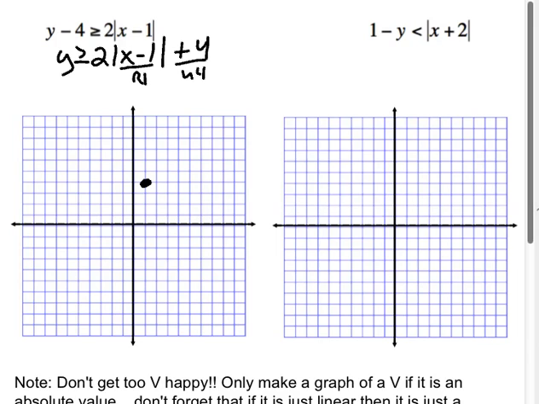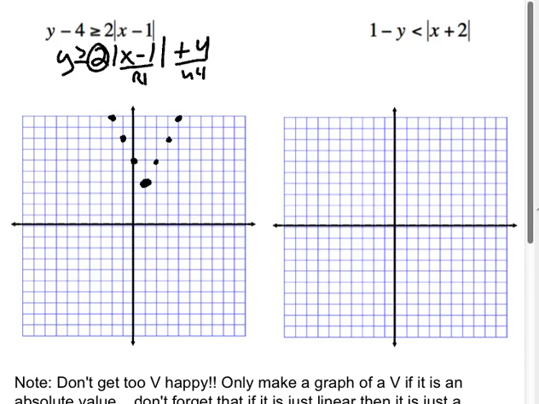So remember, always find the vertex. Now use the slope to graph your V. Slope of 2 means up 2 over 1, up 2 over 1, and so on. Also remember, you have to do that in the exact opposite way too. That's how you get your V shape.